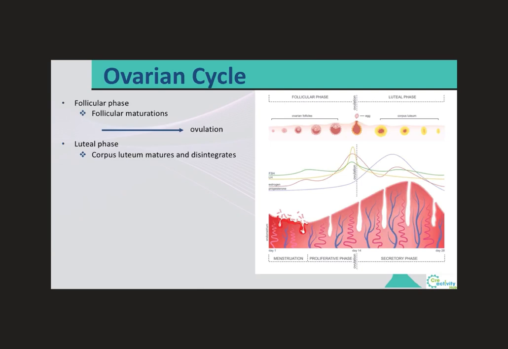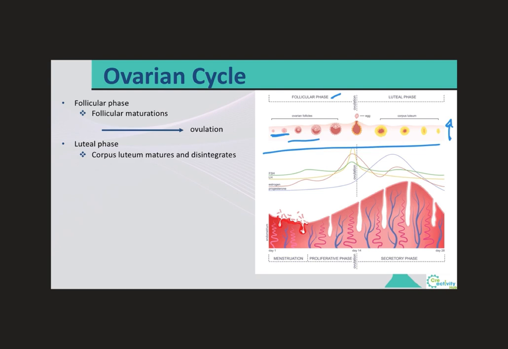To summarize, we can take a look at the top half of this graph, where we can see the follicular development, which is actually called the follicular phase. We already know that within the ovaries are the ovarian follicles.